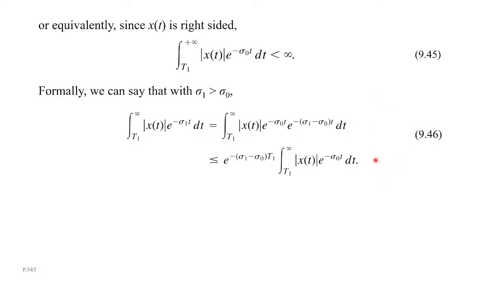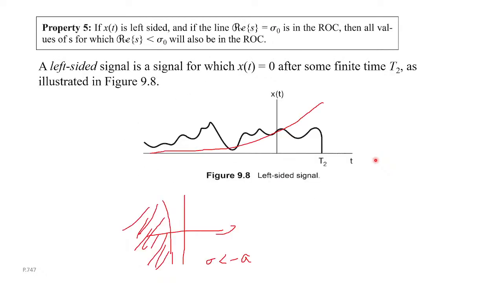And similarly, you switch left and right. Property 5 says that if you have a signal that's cut off on the right side at some time t2, then you multiply by this growing exponential, which means decaying at negative time, so it doesn't make it more divergent. So the ROC should extend all the way to the left. It's another half plane that is cut off at some place.